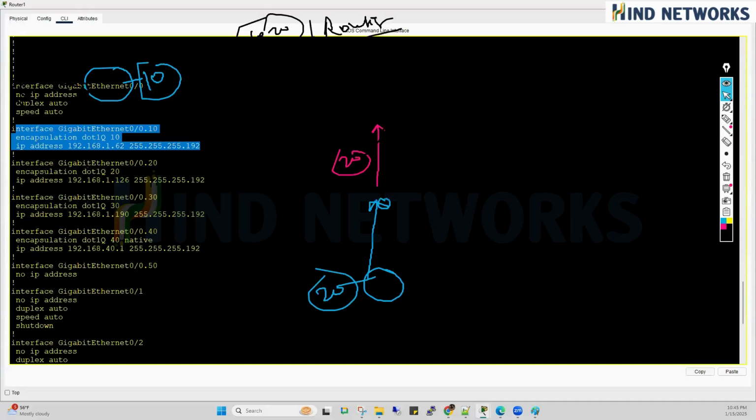See very carefully, guys. On gig 0/0.10, here I configure one command, that is encapsulation dot1q 10.